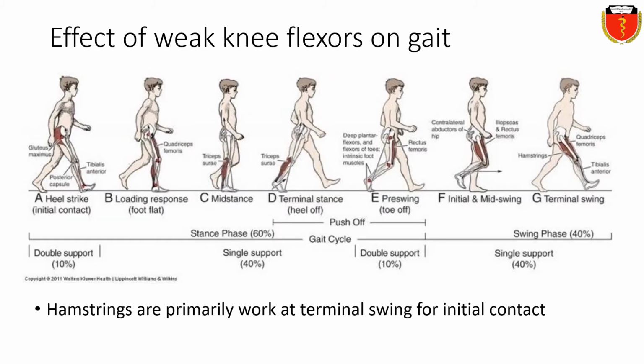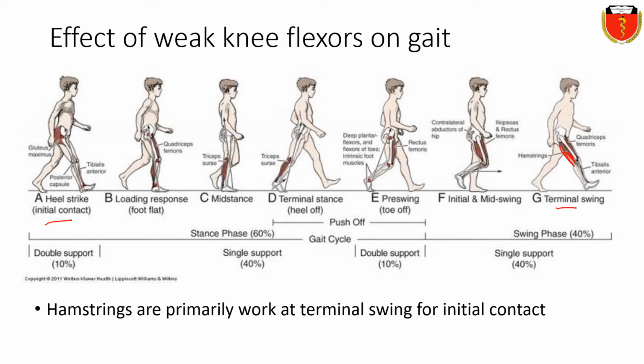Then what happens if the knee flexor becomes weak? The hamstrings are the primary knee flexors. They work at the terminal swing and initial contact. At terminal swing and initial contact, the hamstring muscles work to prevent the knee from going into hyperextension at the end of the pendulum action.